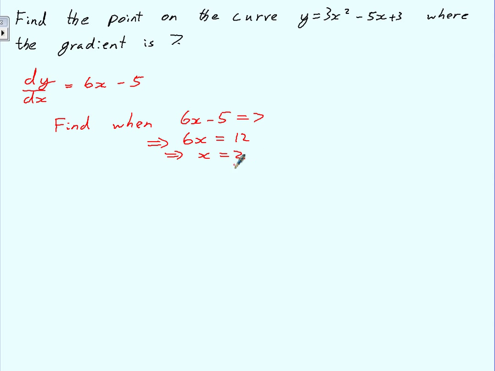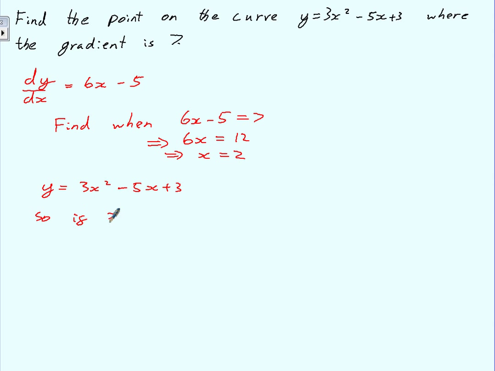So I found the x coordinate now, but it asked me for the point, so I want to find the y coordinate. If I know the x value, I can substitute this into the original equation to find the y value. So y equals 3x squared minus 5x plus 3.